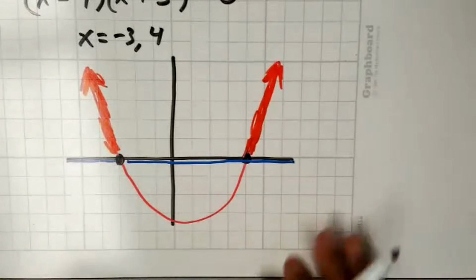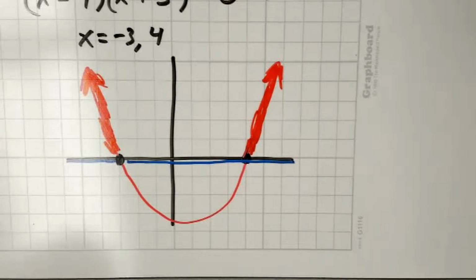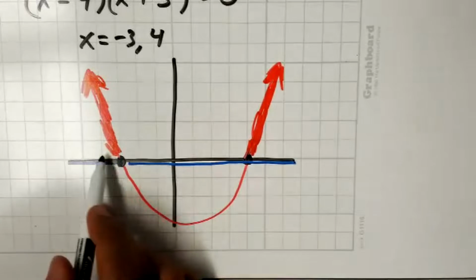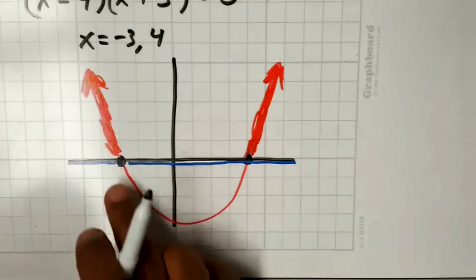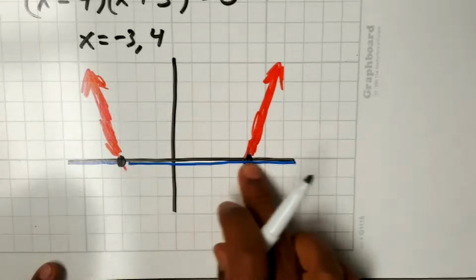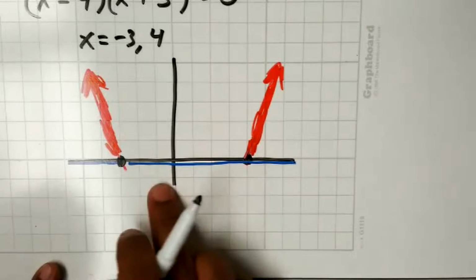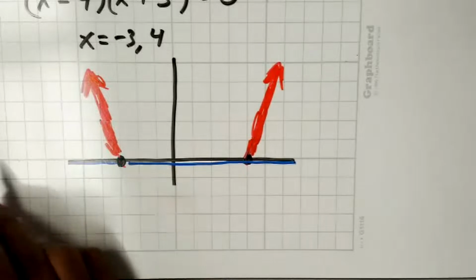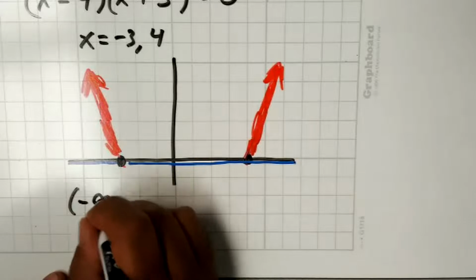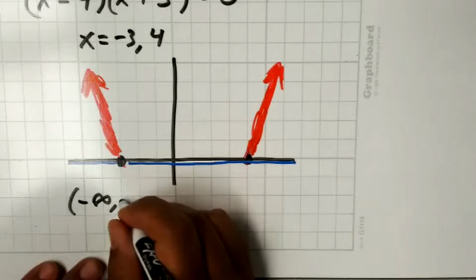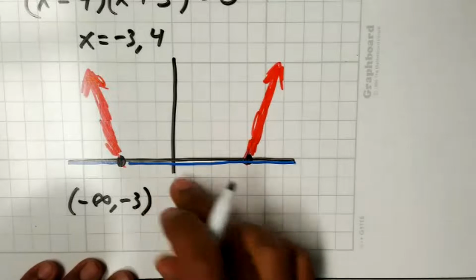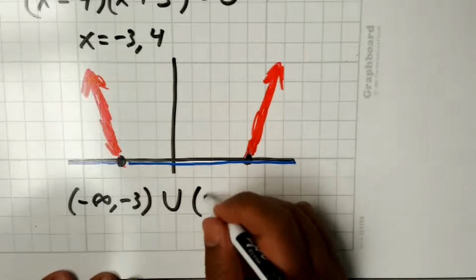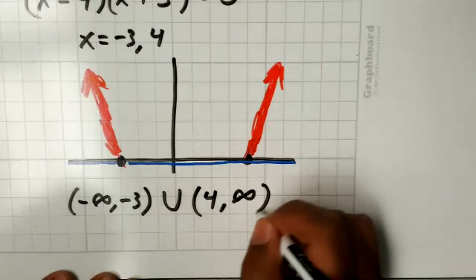And you're experts from what I taught you 2 weeks ago. We can write this as an interval, right? So we don't care about this piece. That's when it's not greater than 0. So this piece goes all the way to -infinity. And this piece starts at 4. It goes to positive infinity.